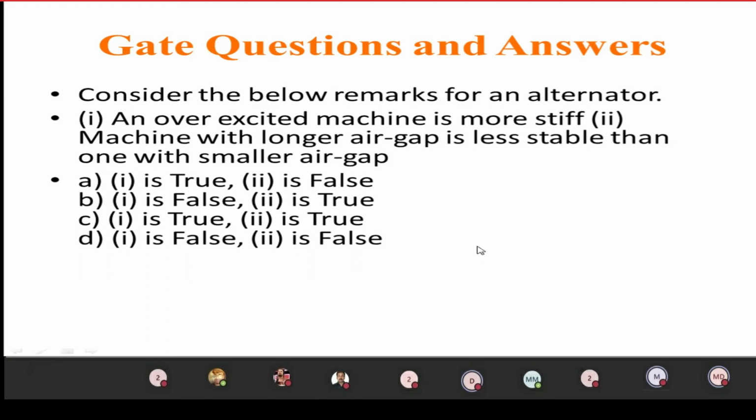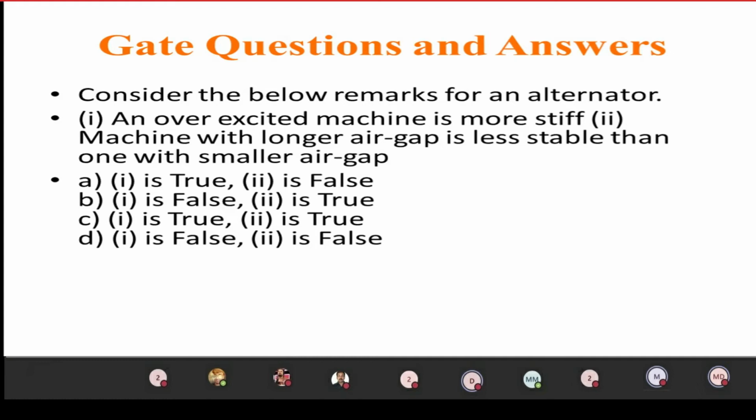The air gap is the gap between the stator and the rotor, that is, the diameter minus 2 into the length of the air gap. So once the air gap is increased, what will happen? A high amount of magnetizing current is needed.